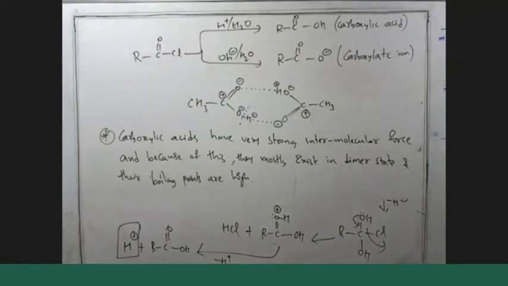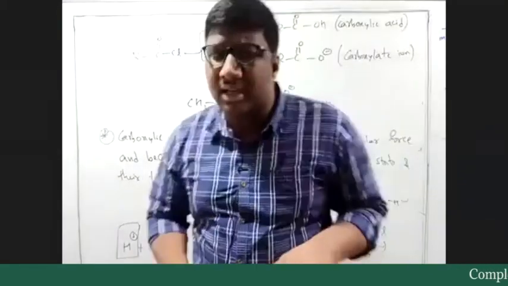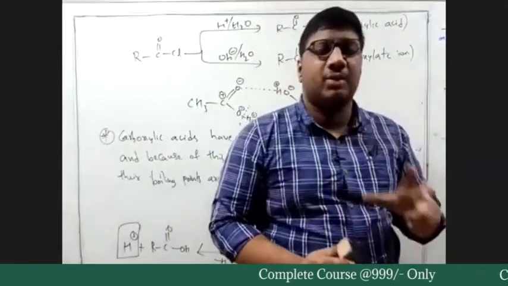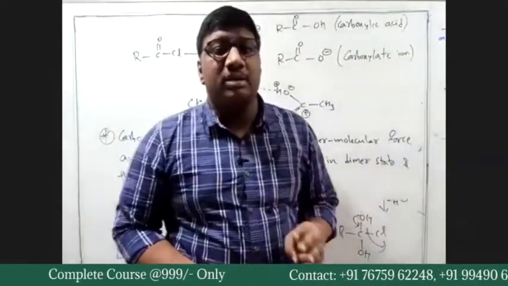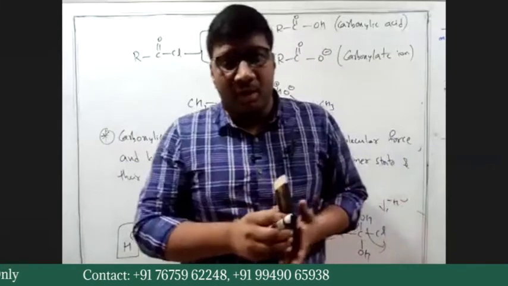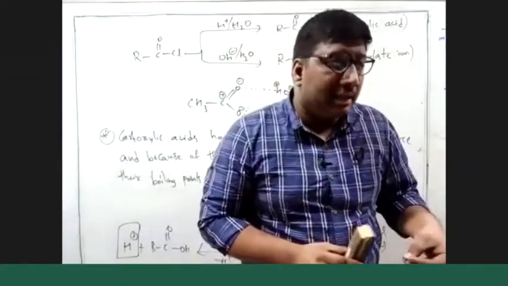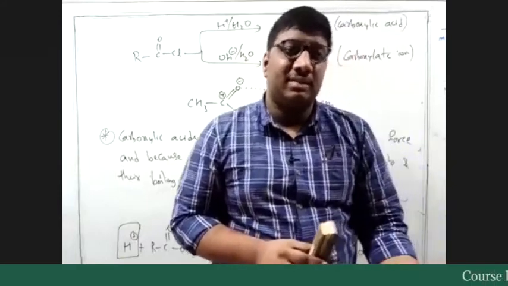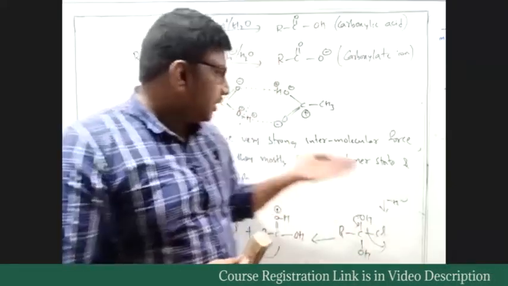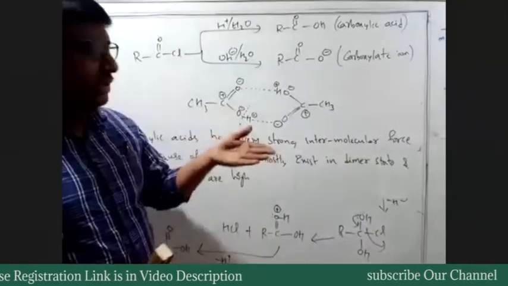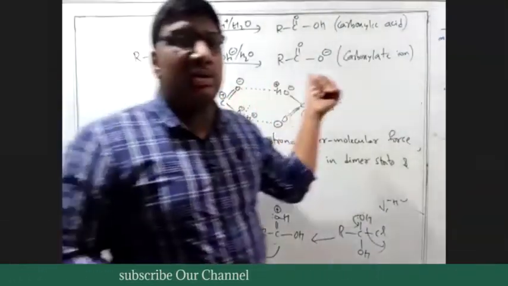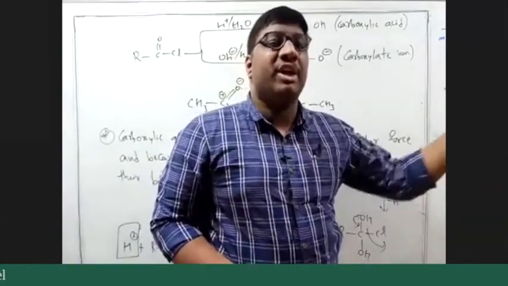And regarding solubility, I'll just explain the concept of solubility. It hardly takes 2 to 3 minutes. Listen to the concept, we'll write the theory in the next class. When you are talking about solubility, you add the respective acid in water, right? When you add this acid in water, the O- can have good interaction with H+ from H2O.